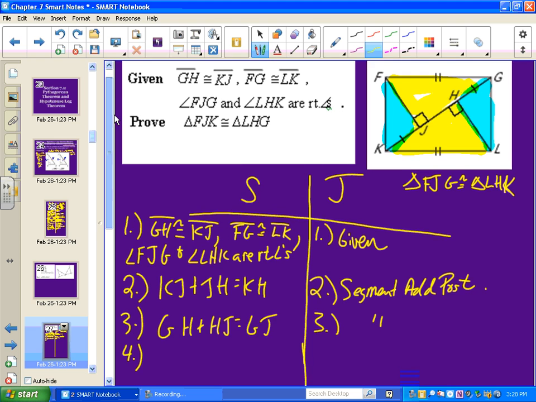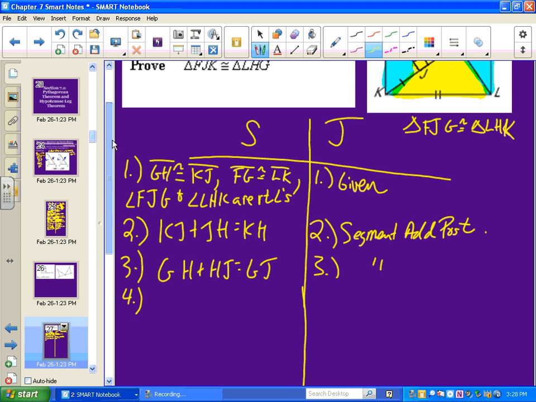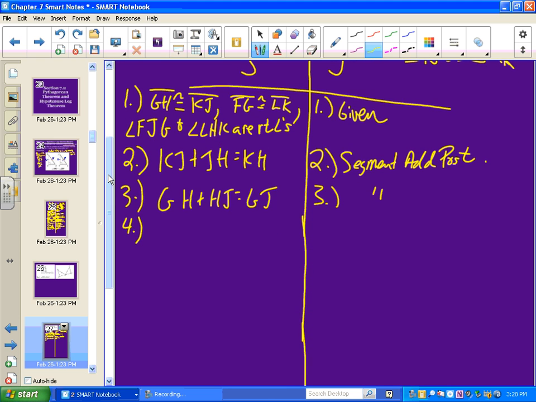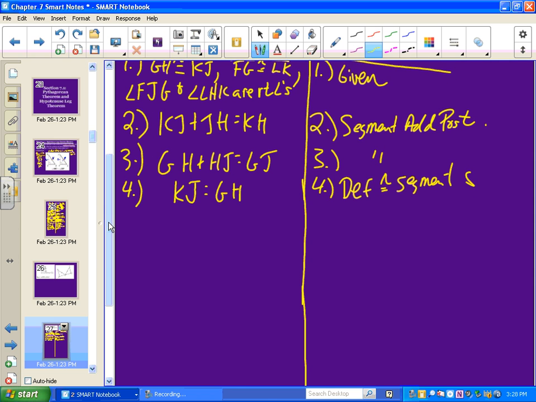We know that KJ and GH are congruent, so that means they're equal. And now that they're equal, I can take this GH out and put KJ in its place. So KJ plus HJ equals GJ. Substitution.